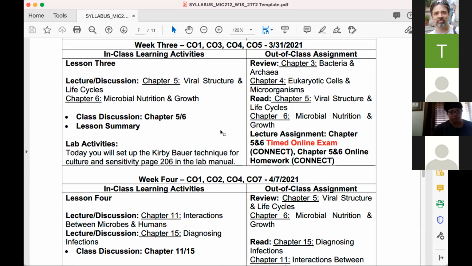So now it's going to be microbial nutrition and growth. And what we're talking about here is the way that bacteria grow when they have enough to eat and what happens when they run out of that, and also what they eat. What do bacteria live on? Different bacteria can survive on different types of nutrients.